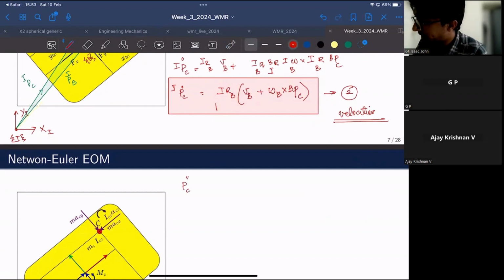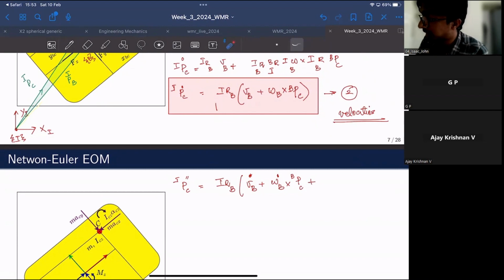If you apply the product rule, the acceleration of point C with respect to I is nothing but, I'll keep this rotation matrix as constant, so I'll take the derivative of the terms inside the bracket, VB dot plus omega B dot cross position vector. And since there are two more terms here, we also have to take one more product rule, that is omega B cross BPC dot.